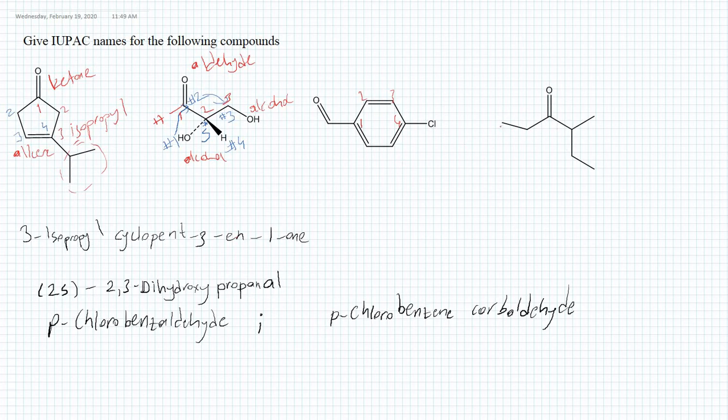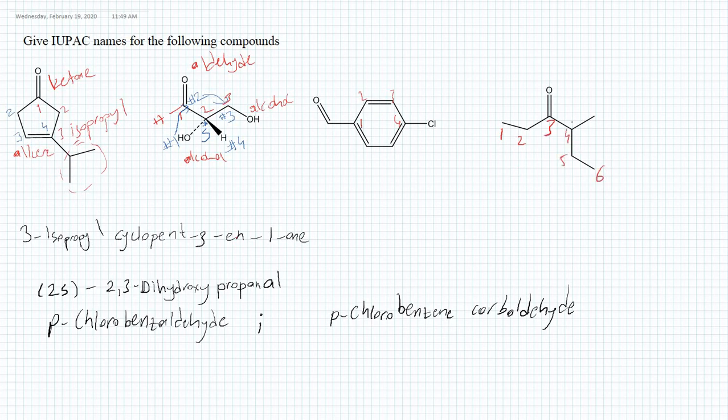So let's find the longest chain. If we start from here, 1, 2, 3, 4, 5, 6 carbons is the longest chain. So we are going to start from the left end, because carbonyl is closer to the left end. So that's the rule. So 1, 2, 3, 4, 5, and 6.